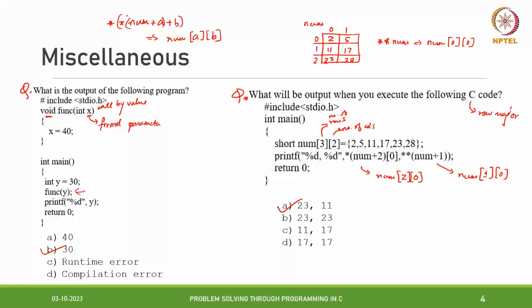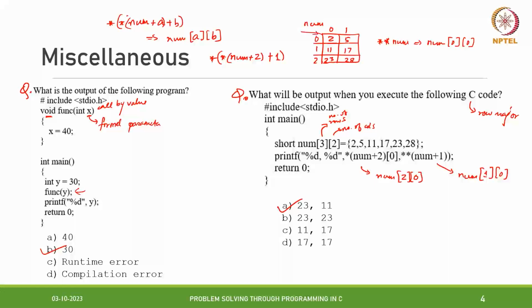So I am saying, wherever you are already pointing, just tell me that itself. Now if I had said, say, star of num plus 2 plus 1 star, what I said here, num was originally pointing to this.